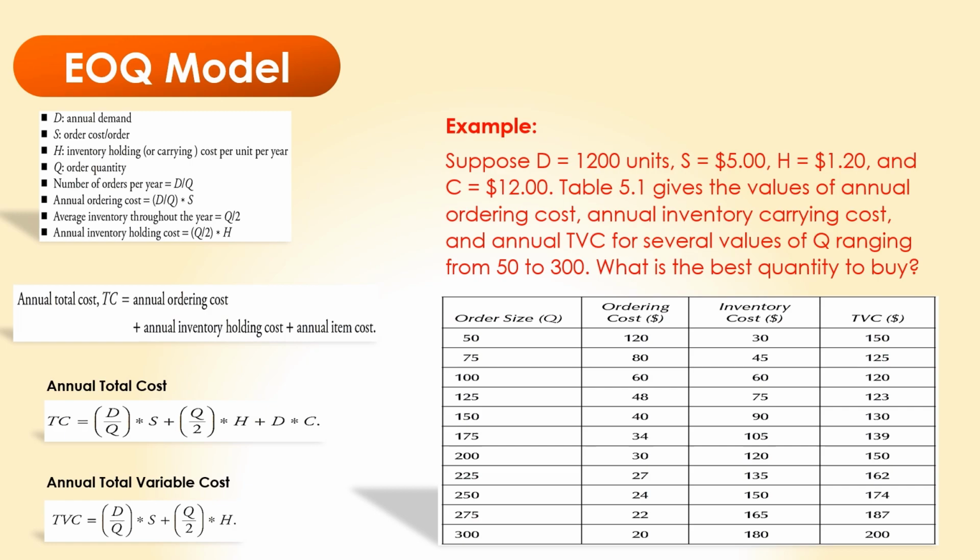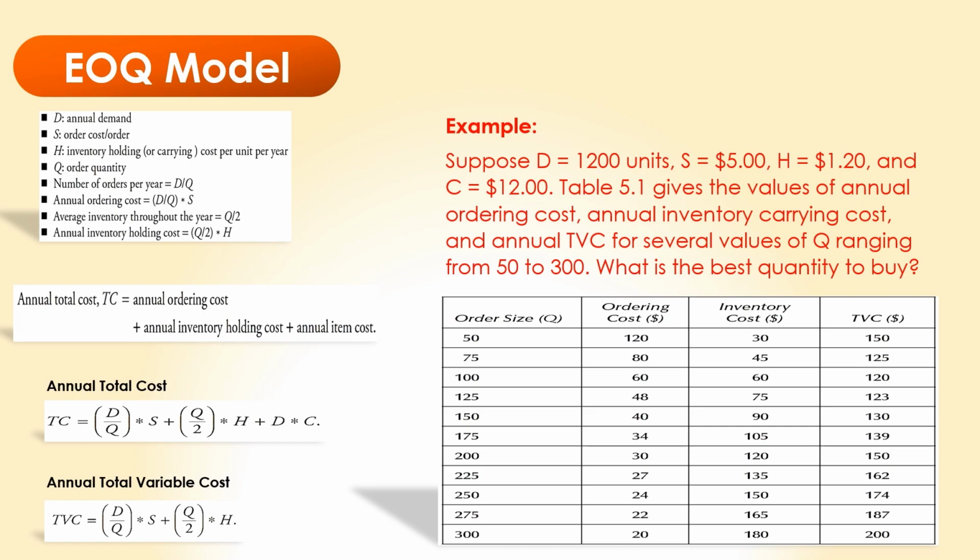Example. Suppose D is equals to 1,200 units, S is equals to $5, H is equals to $1.2, and C is equals to $12. So below we have this table which we assume the order size ranging from 50 to 300.